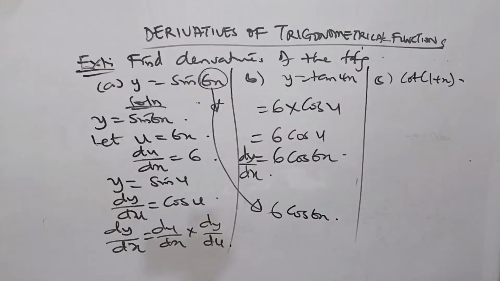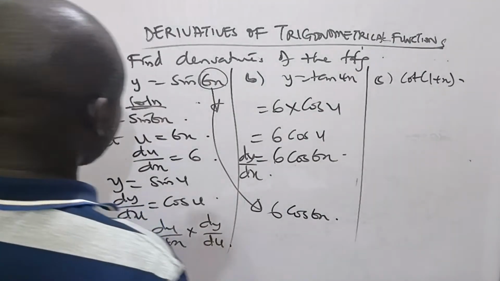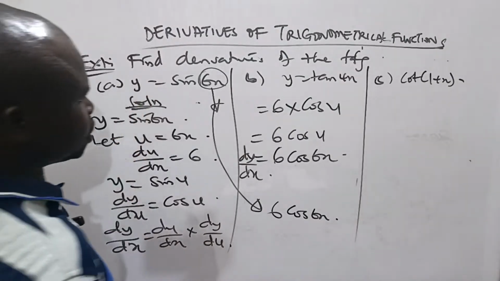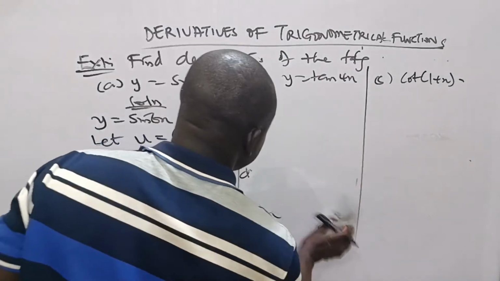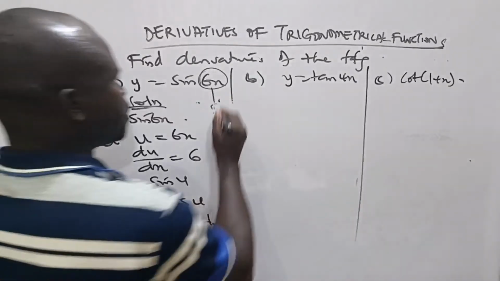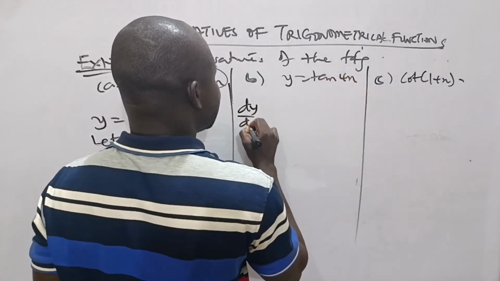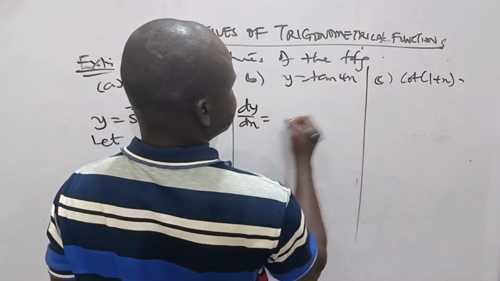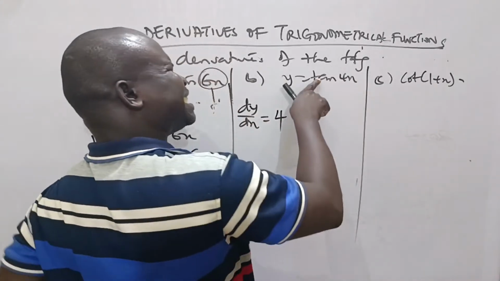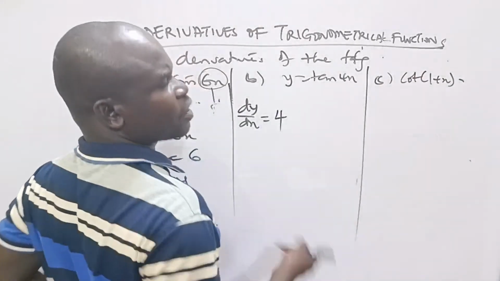If you have a multiple choice question and you don't have all the time in the world to solve it, that is the logic. Now let's look at the second question, where y is equal to tan 4x. Then dy dx will be, when you differentiate 4x, we get 4. Then what is the derivative of tan? When we have tan, what is the derivative?